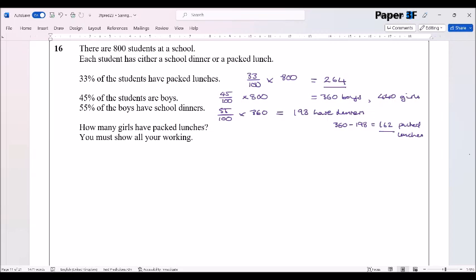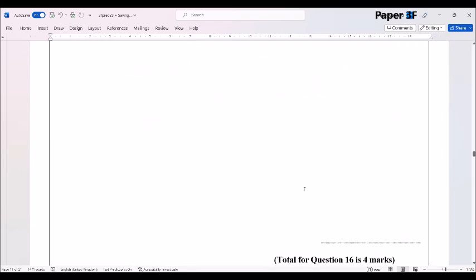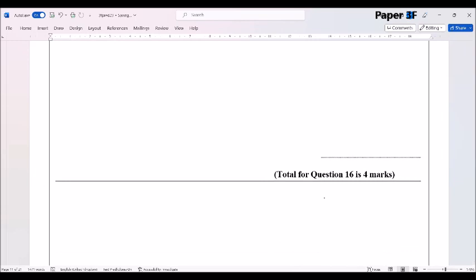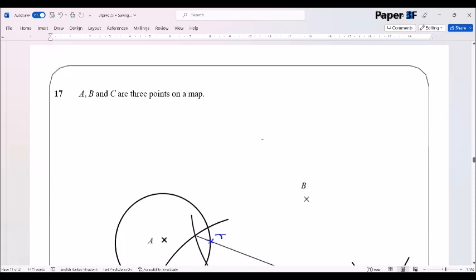And we know that the number of boys having packed lunches is 162. So the difference must be the number of girls. So it's 264 minus 162, which is 102. So 102 girls have packed lunches. So answer there, 102. 4 marks for that. And just reading the story as you go through, that's helpful.